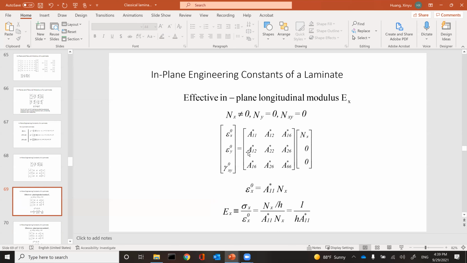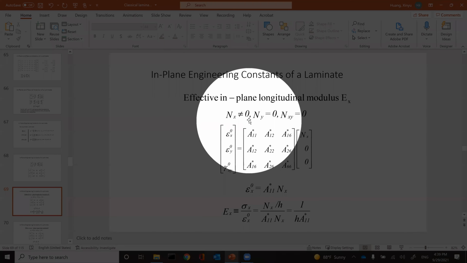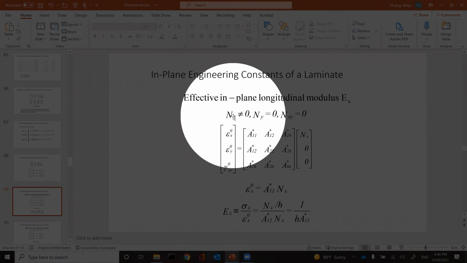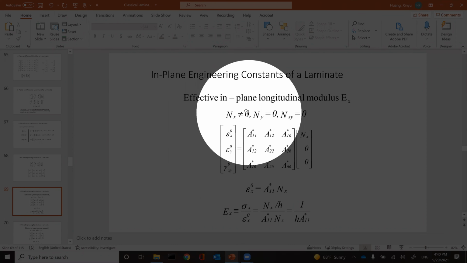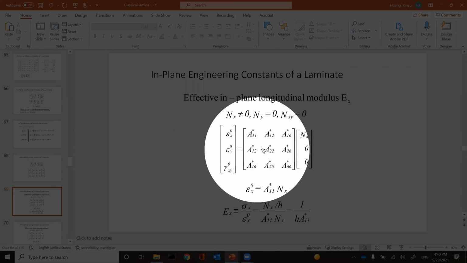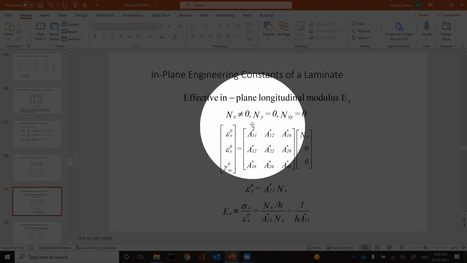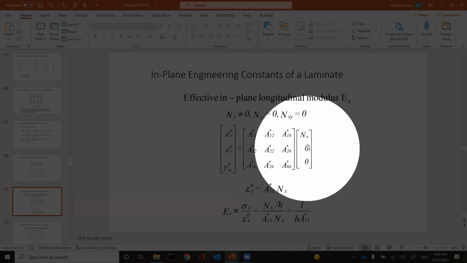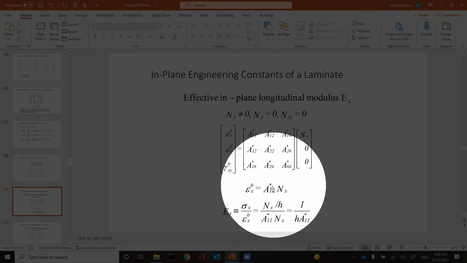And then you can define some equivalent engineering properties. You imagine you're doing a test with certain loading. Say this is uniaxial tension. Imagine you put a uniaxial tension in the plate. The only non-zero load is the stretching x direction load, the others are 0. If you run that test, you find that your strain in that direction is this multiplied by this. You just exercise this math.